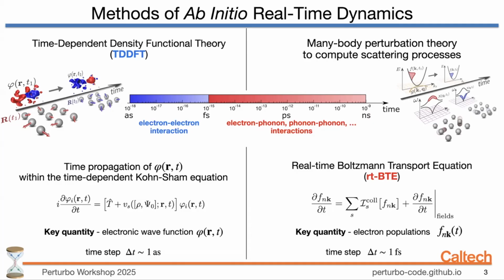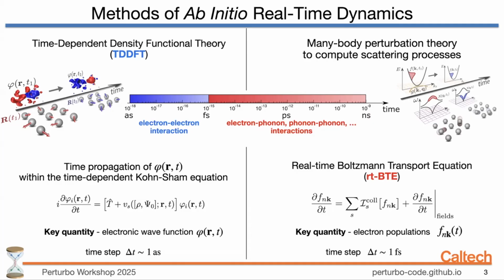And for these types of calculations, because the electron-phonon interactions are often the key focus of simulation, or even other interactions such as phonon-phonon, the time step will be on the order of femtoseconds. So this is more suitable for a longer simulation from femtosecond to picosecond, even to nanosecond range.